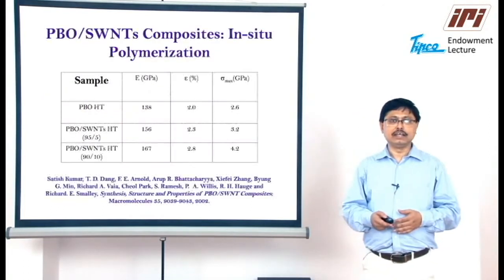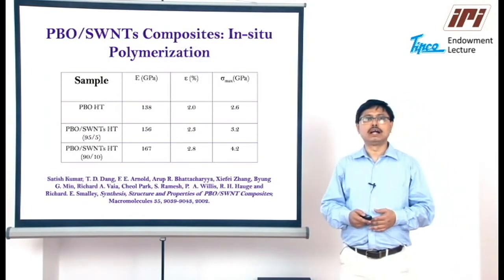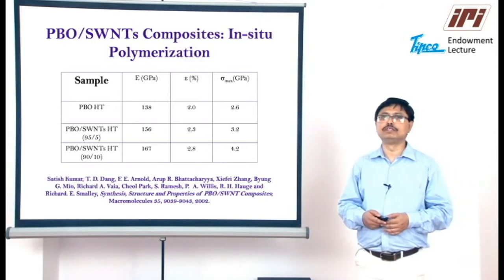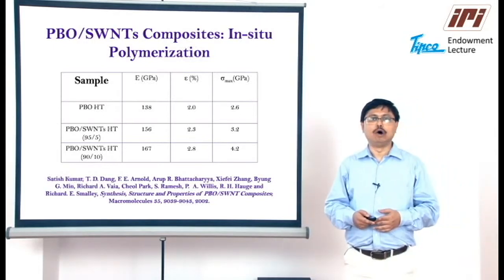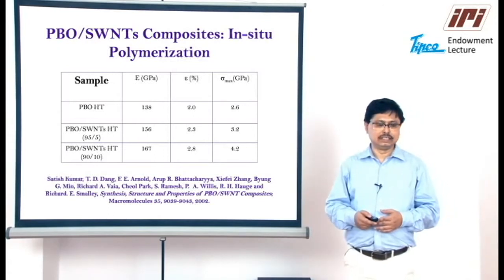Let me give you a very extraordinary example where carbon nanotubes could improve the tensile strength of the composite material by almost 60% over the pure material.